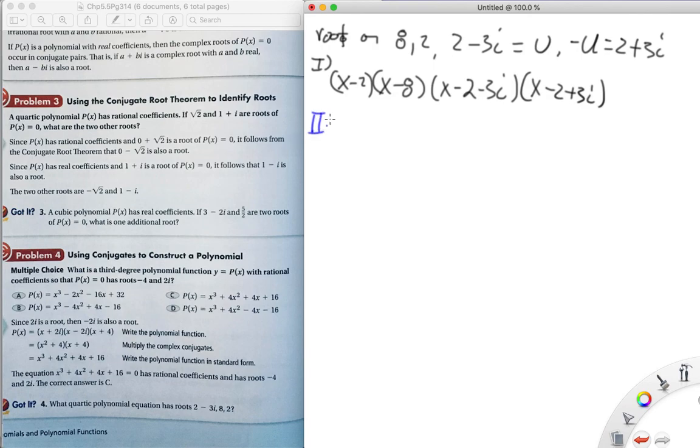Let's start with the conjugates first. So x minus 2 minus 3i times x minus 2 plus 3i.